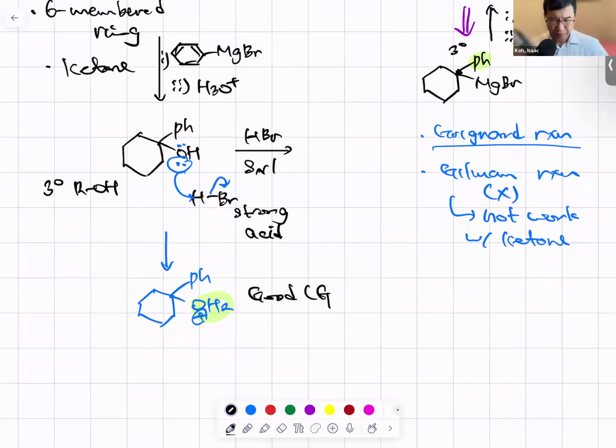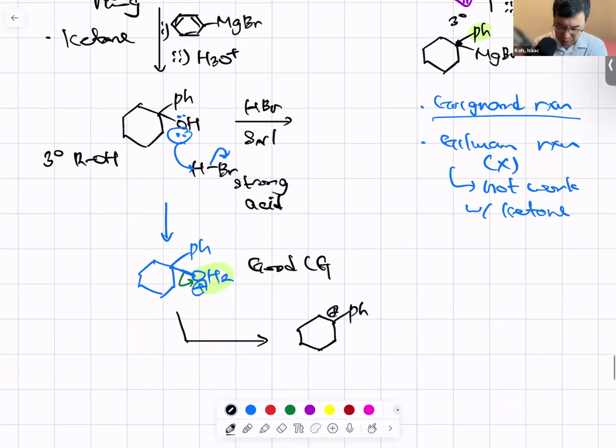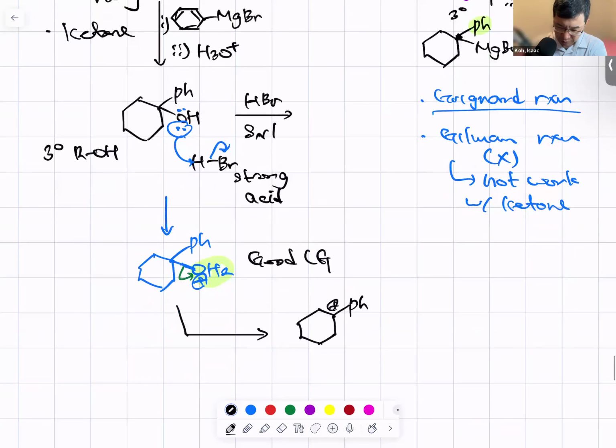And because it's tertiary, we cannot attack this one directly. This one should be leaving by itself, slowly leaving. Rate determining step, slowly this is leaving, generating a carbocation center, and then bromide ion.